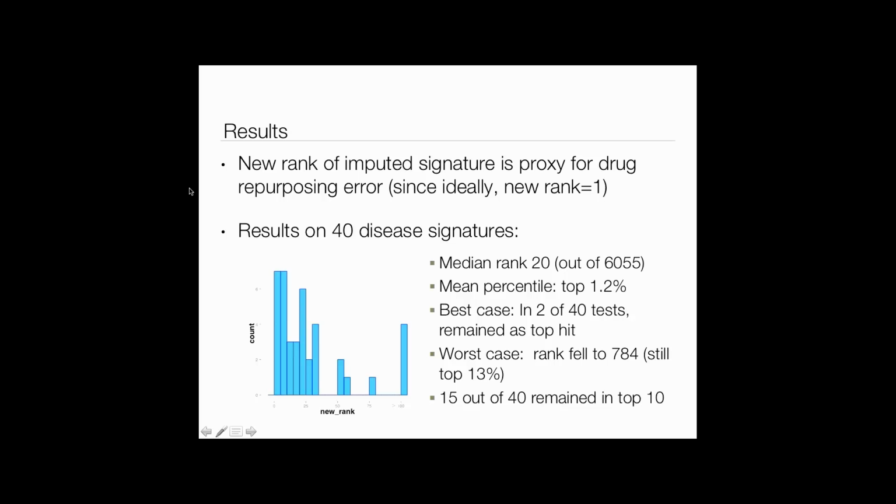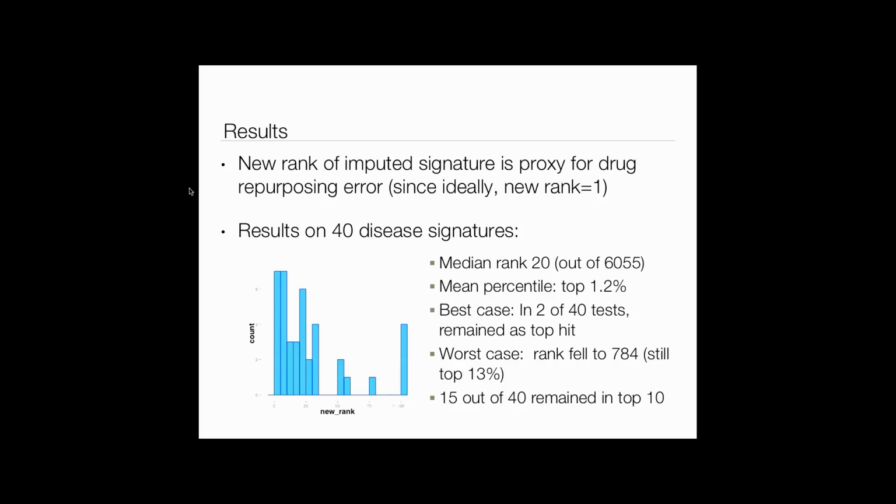These are the results on 40 different disease signatures that have the strongest connections to drug signatures. What I'm showing you here is the distribution of the new ranks. Again, the ideal would be that the entire distribution is at a new rank of 1. I found that the median rank is 20, where the worst possible rank would be 6,055.